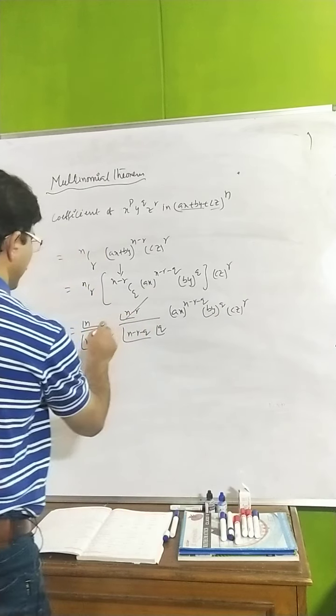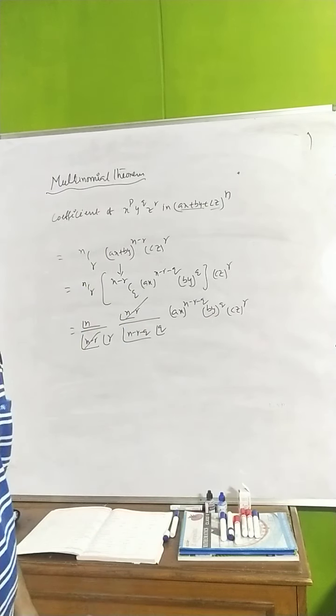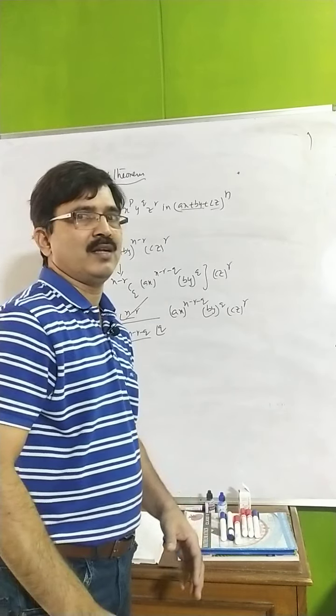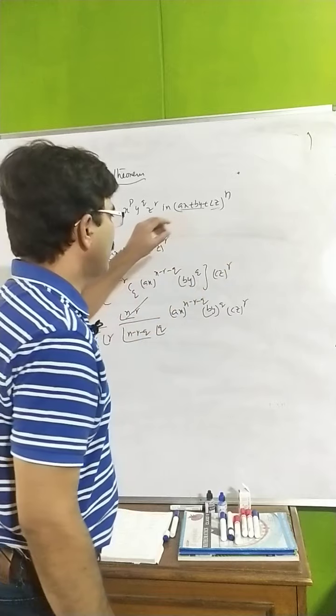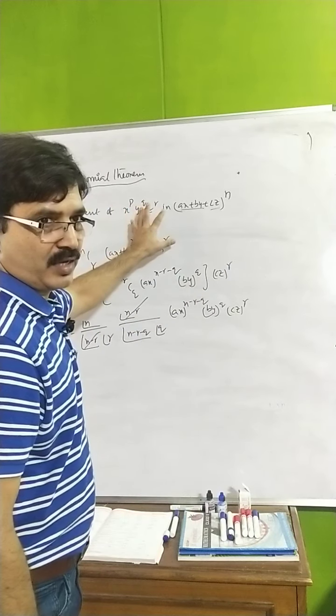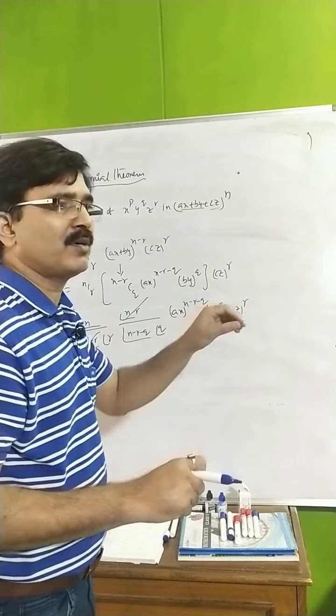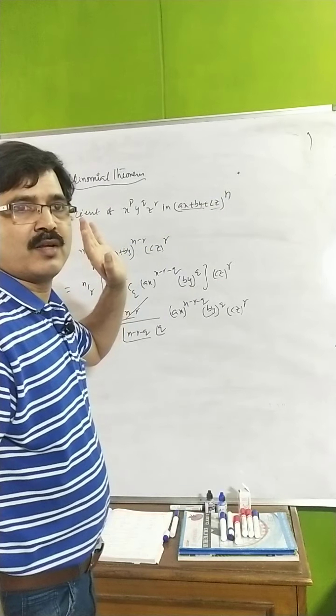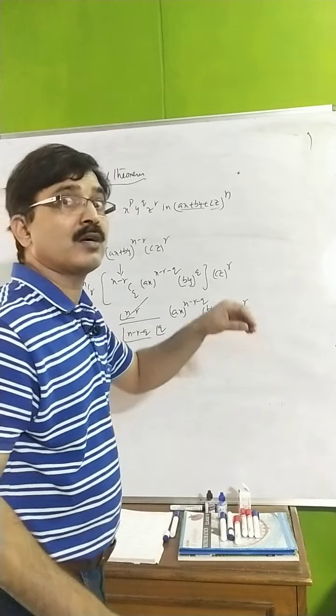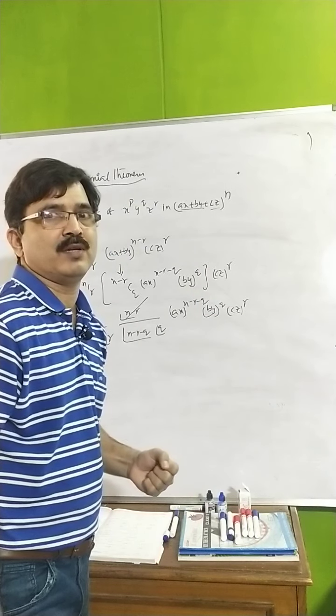We got it. After cancelling this, one rule is there. In binomial also I told you, right from the beginning, in any expansion you take down any term, the sum of the exponents of the variables must be equal to the exponent of the given binomial. Sorry, I said sum of the variables, that is wrong, it is the sum of the exponents of the variables.